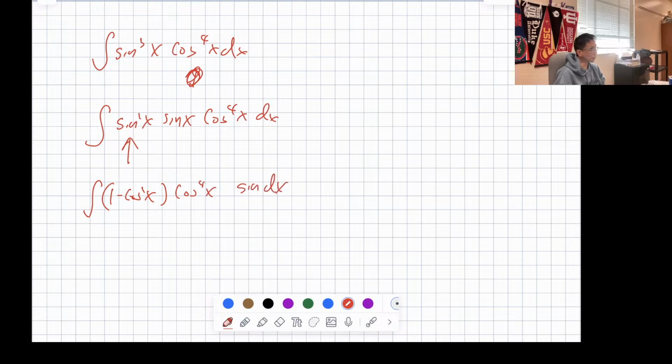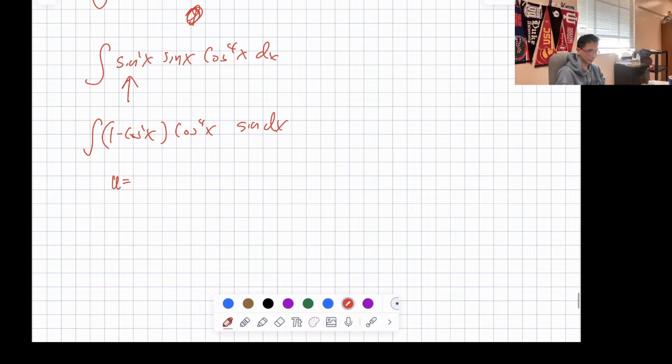What does u equal to? Look, this already told you what u equals. 1 minus cosine squared? No. Lack of creativity. Something else different. I already showed you most of the steps here.